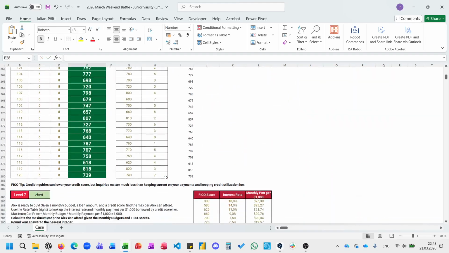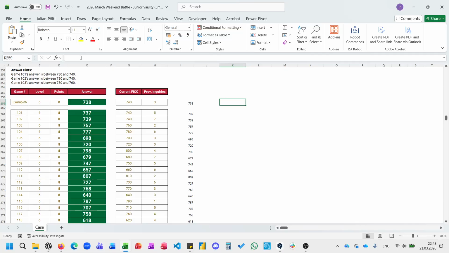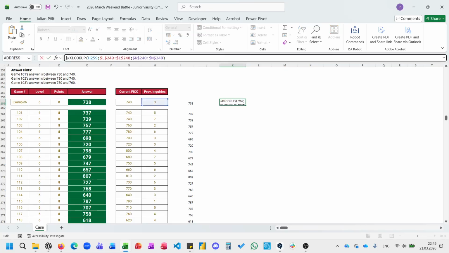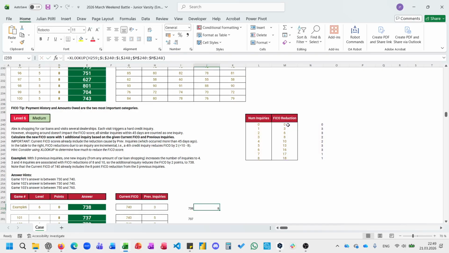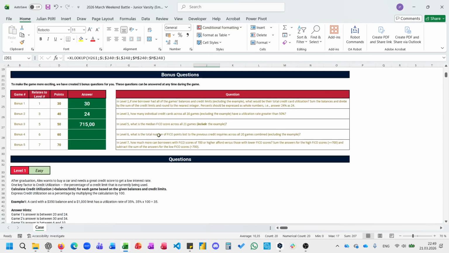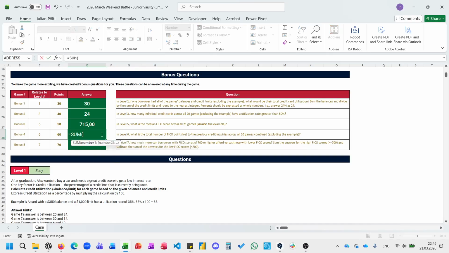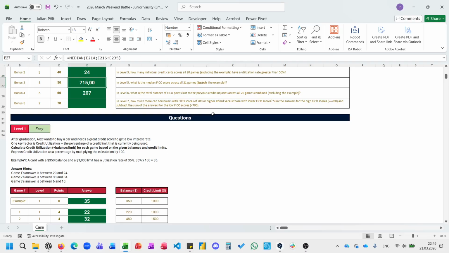Okay, previous inquiry is basically XLOOKUP for this, and then use those reductions here and use sum here, combine bonus for I think excluding example, yes.